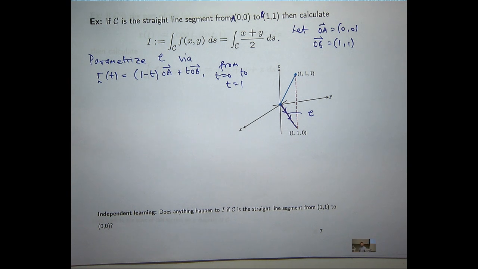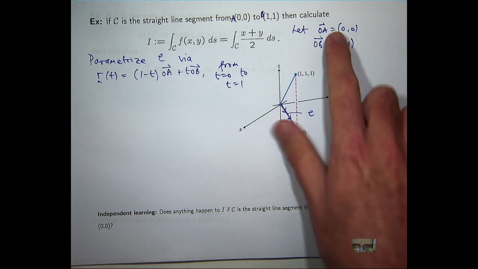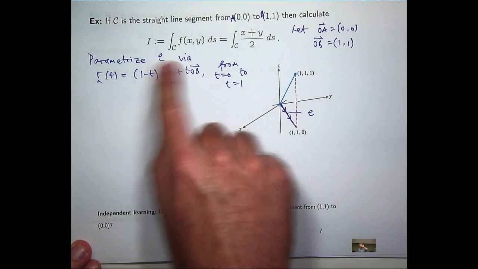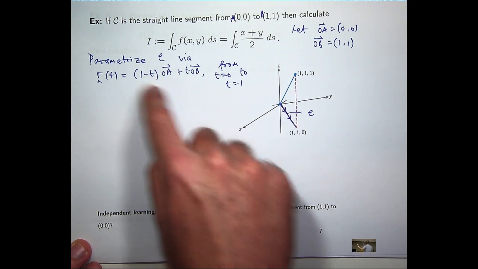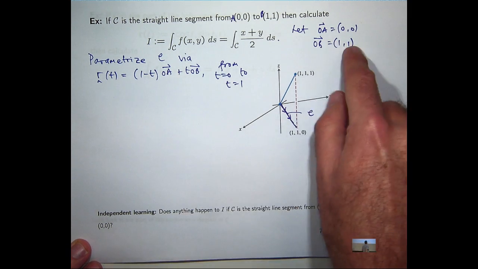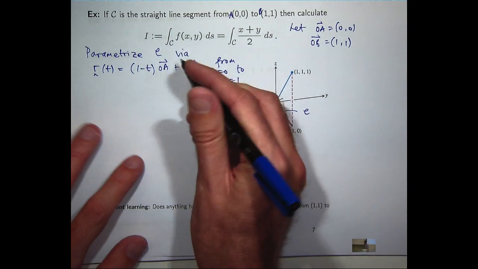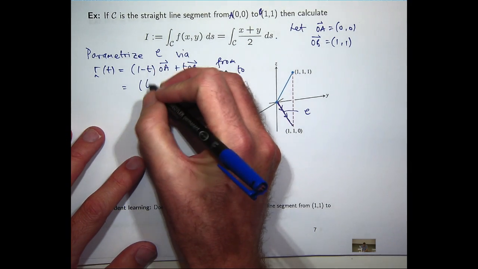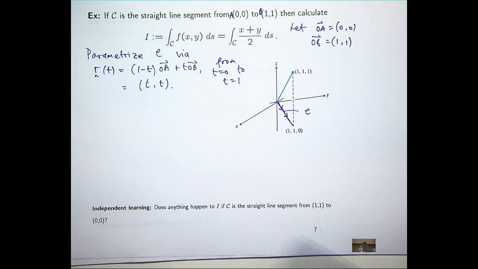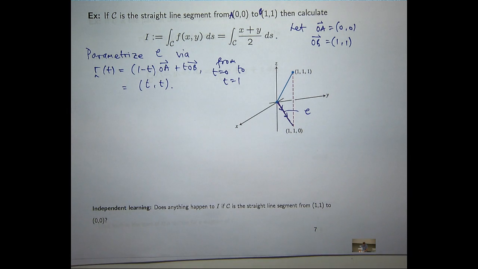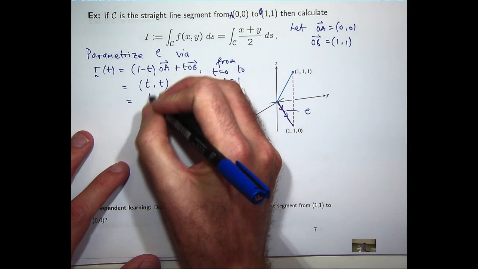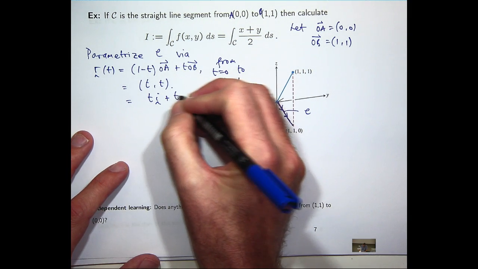So if I replace OA with the zero vector (0, 0), and replace OB with (1, 1) and multiply each of the components by t, then I'm going to get this. So this is my parameterization. Okay, if you want to write it in terms of i and j, you can, no worries.